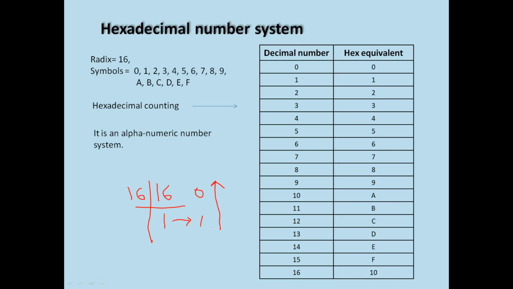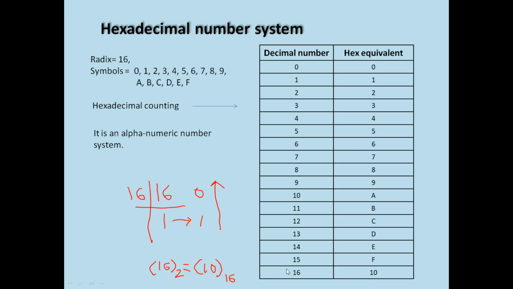And what is the list of remainders? 1, 0. So 16 in decimal is equal to the remainders 1, 0. And in this table, in front of 16, what is written? 10.